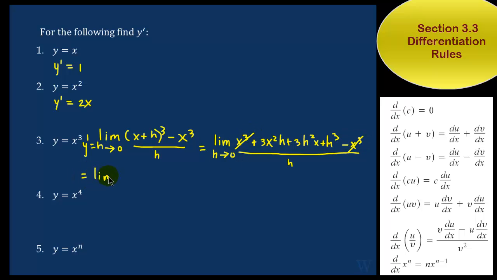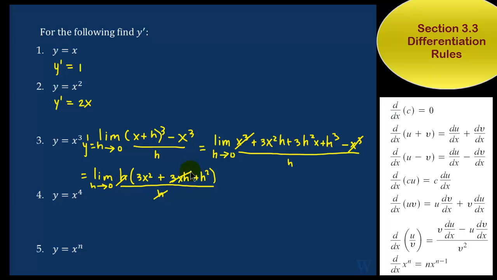We take the limit, and notice that for the 3 terms that are left, we can pull out the h, and what's left inside is 3x squared plus 3xh plus h squared, whole thing divided by h. So that gets cancelled. We take the limit as h approaches 0.